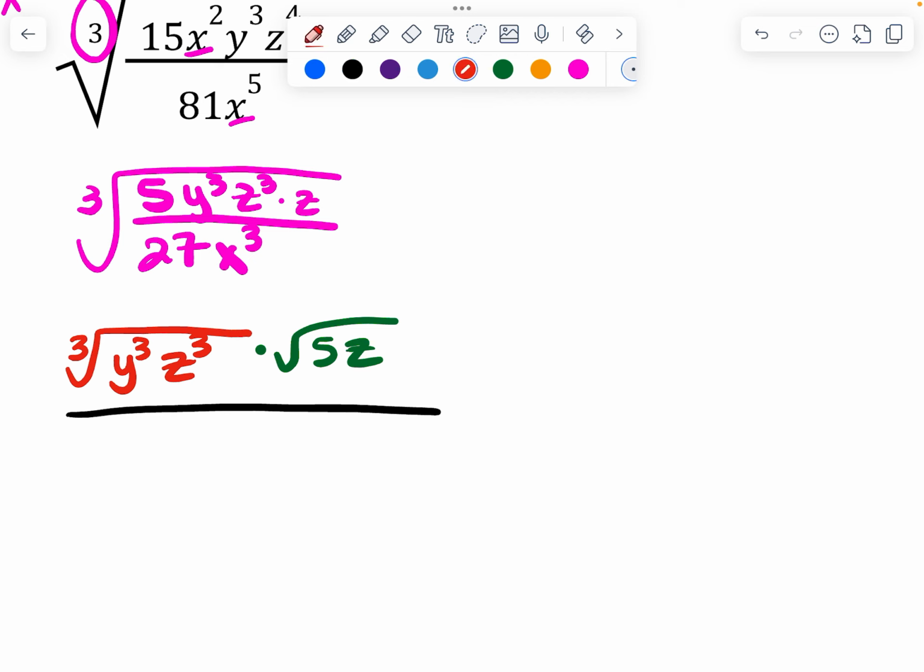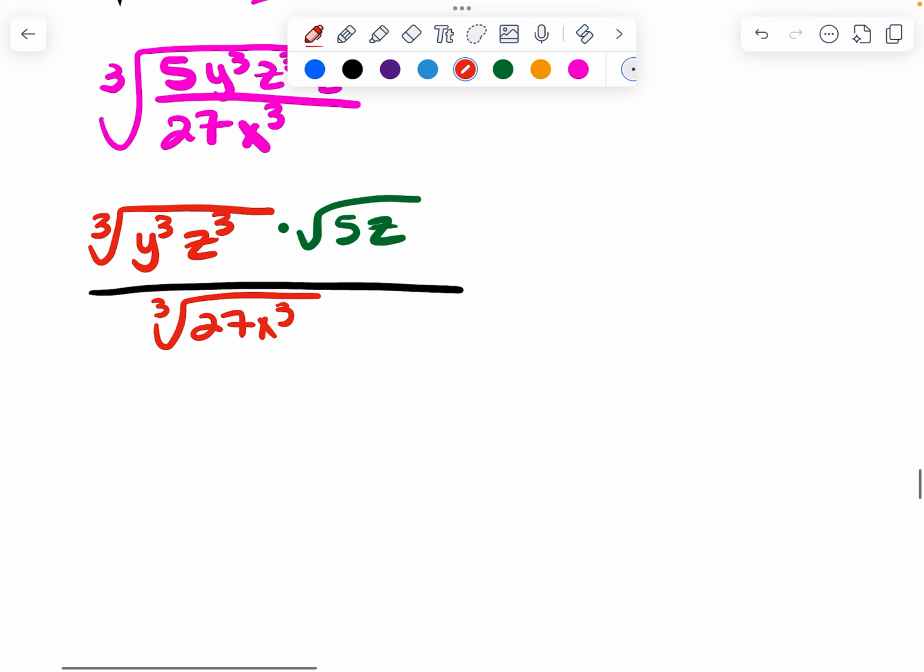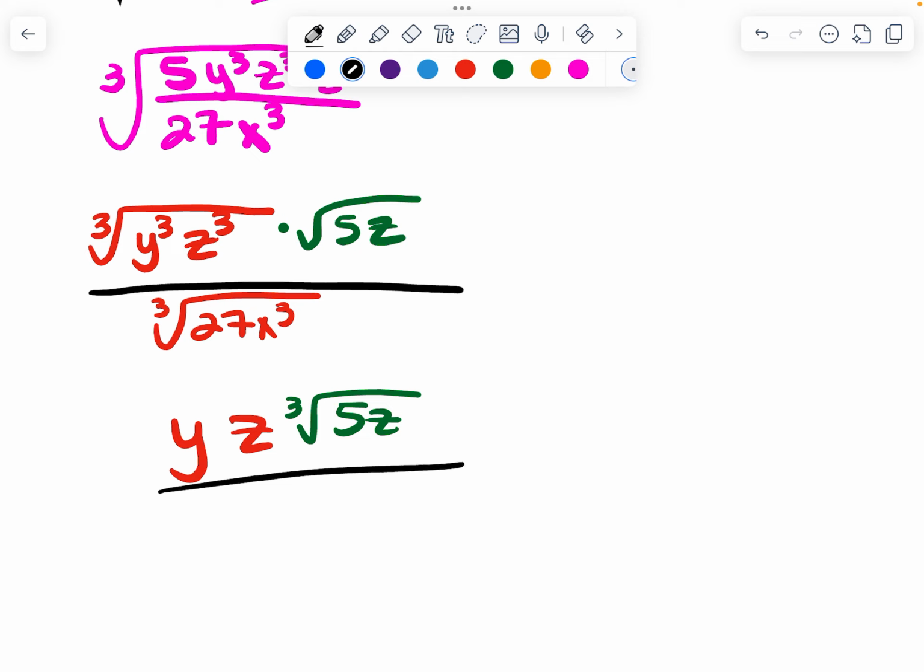What I can take the cube root of: 27 and x to the 3rd. So if I look up top, I get yz, and then I can't take the cube root of 5z, so I leave it where it is. And the denominator, 3x.